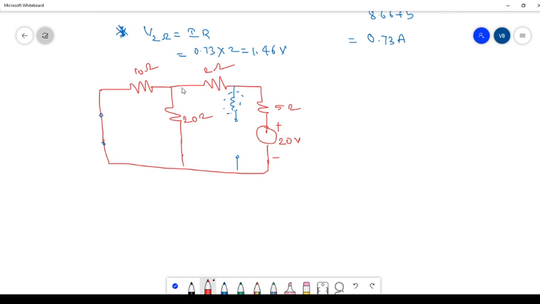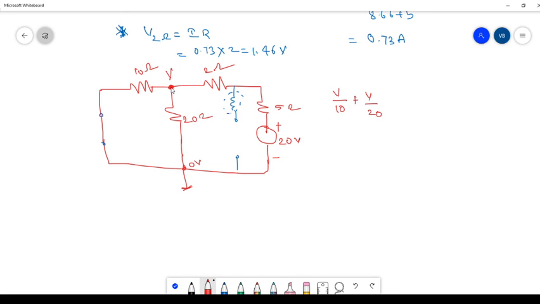So here, same principle you can apply. So what is that one? Just apply KCL here. So V, what is the current? Current division, KCL. (V minus 0) by 10. Here is 0 volts. So (V minus 0) by 10, that is V by 10, plus (V minus 0) by 20, that is V by 20.